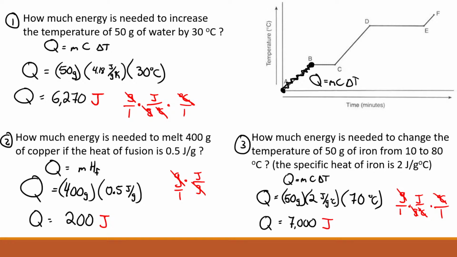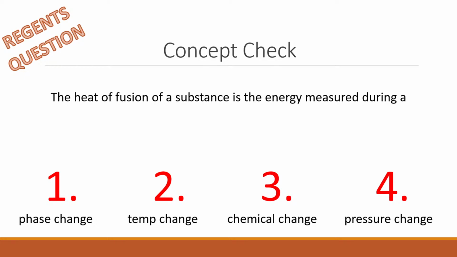To wrap up our lesson today, I have one multiple choice problem for you. The heat of fusion of a substance is the energy measured during a phase, temperature, chemical, or pressure change.